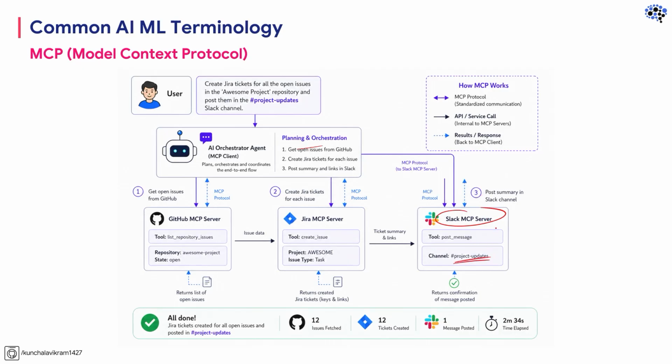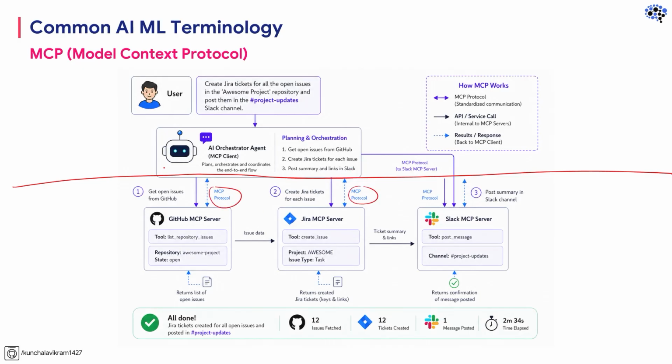Now you can see that this layer and this layer are completely different. The AI agent application is connected to the MCP servers through the MCP protocol. I have not hard coded anything in the AI agent application. For example, in future I can even replace this one with the GitLab MCP server and ask it to fetch from GitLab.